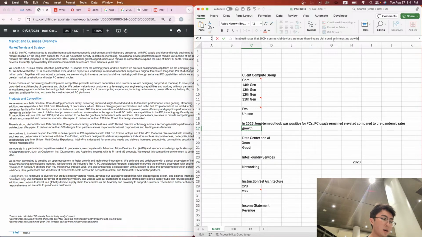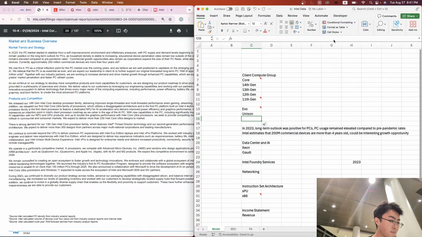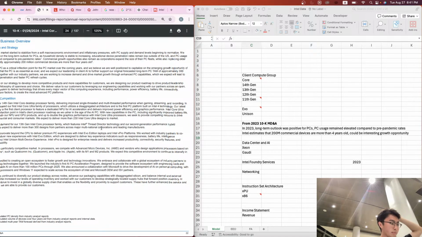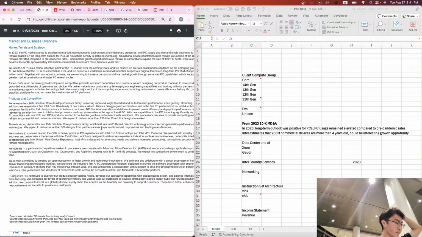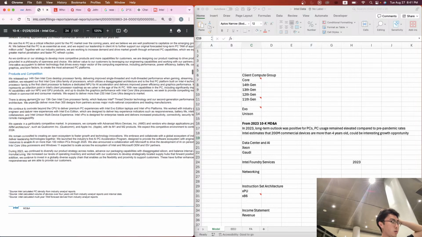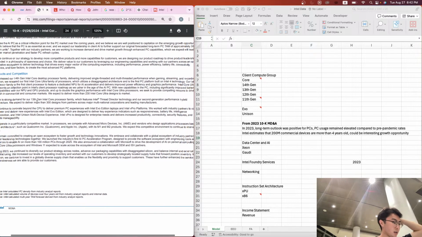Growth opportunity. From 2023, 10K MD&A. Okay. So they're trying to expand. Okay, so they released their 14th gen Intel Core desktop processor. I guess that was in 2023.